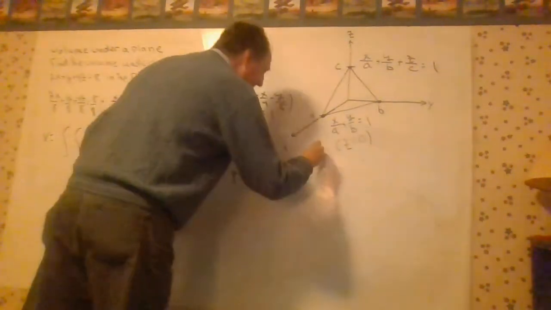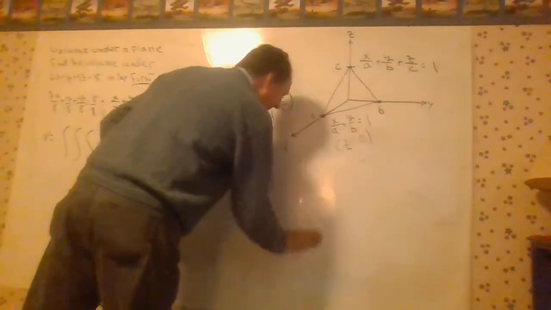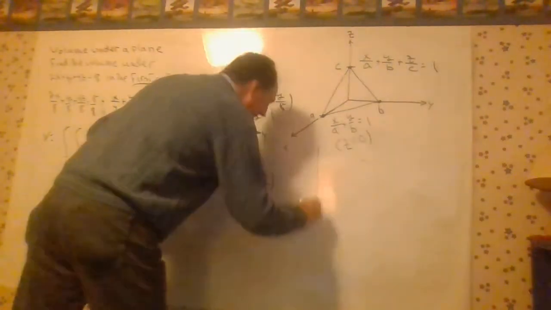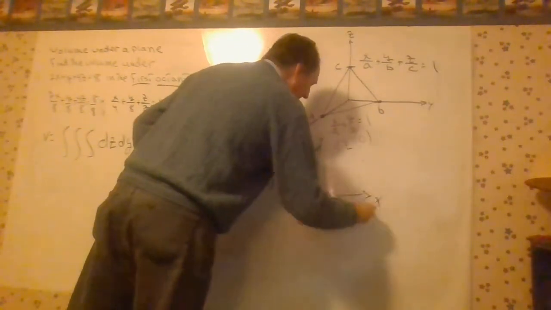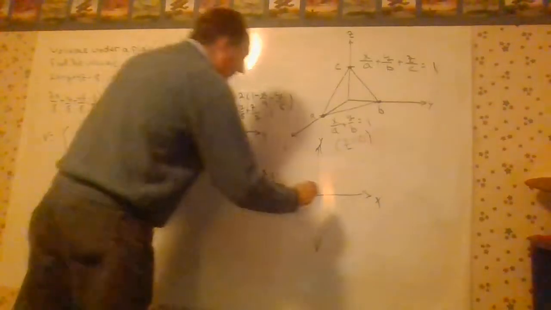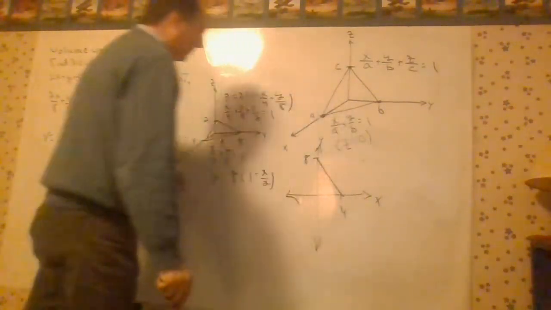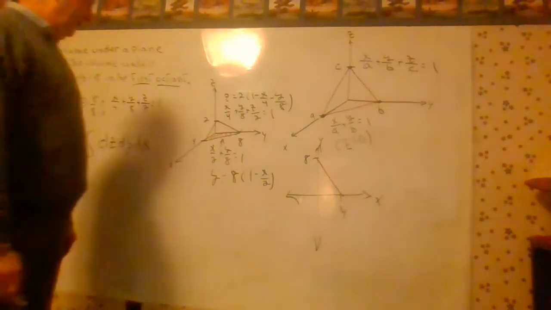If it helps, you can set up an xy coordinate system. We have an x-intercept of 4 and a y-intercept of 8. That's that triangle. It makes it a little easier to set up the double integral portion of this.